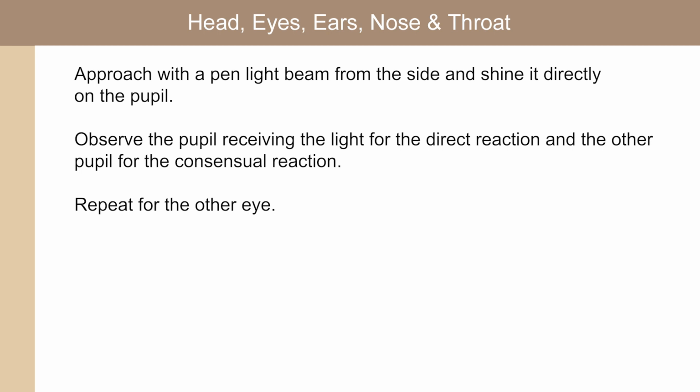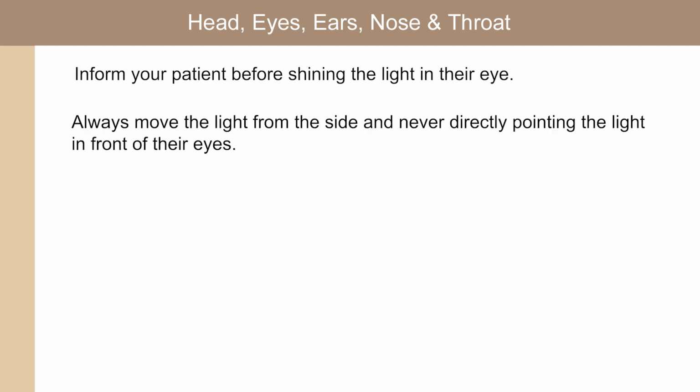Observe the pupil receiving the light for the direct reaction and the other pupil for the consensual reaction. Repeat for the other eye. When you're doing that, please give a forewarning to your patient that you will be shining the light in their eyes. Always come from the side. Never just directly holding the pen light in front of their eyes.